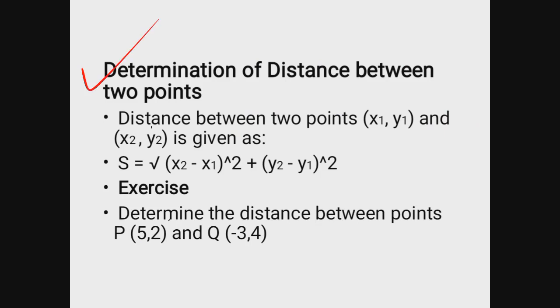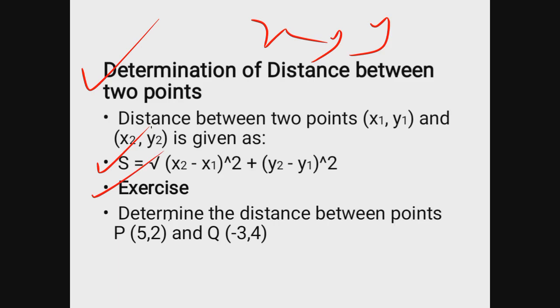On this slide, we are looking at how to determine distance between 2 points. If you have 2 points, X and Y, and want to determine the distance between them, the formula is given as S, which is the distance, equals the square root of (x2 minus x1) all squared plus (y2 minus y1) all squared. We now have a question here to try.